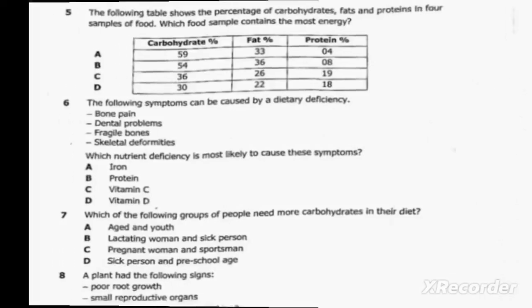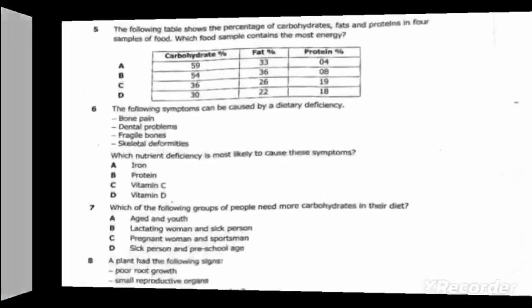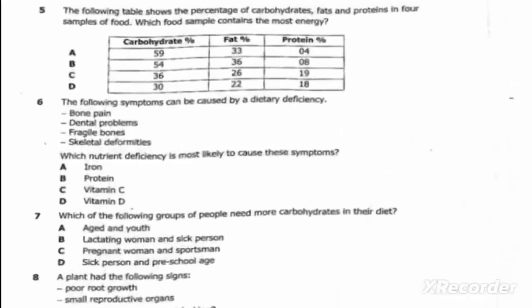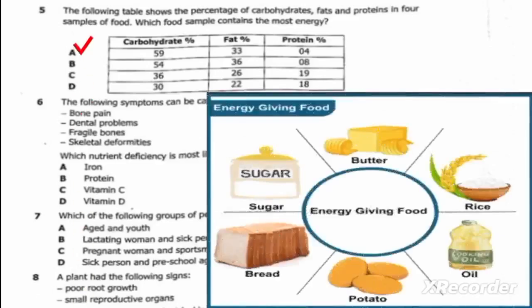We need to understand that carbohydrates are the main source of energy, or sometimes they are called energy giving foods. A has the highest percentage of carbohydrates, so hence A will contain the most energy.